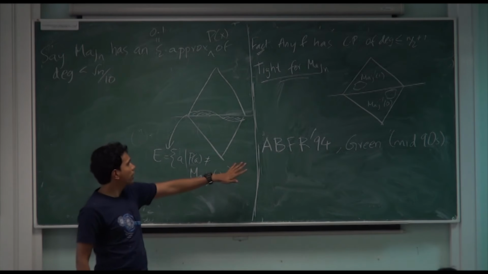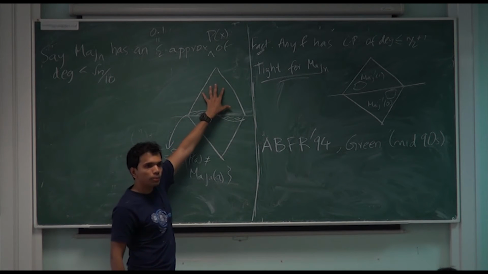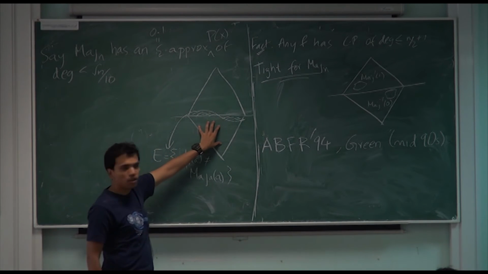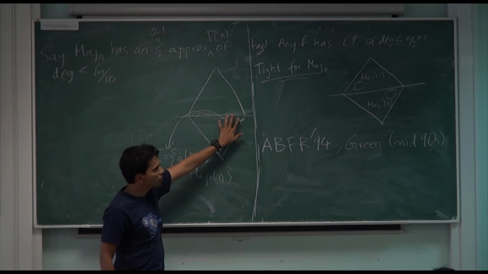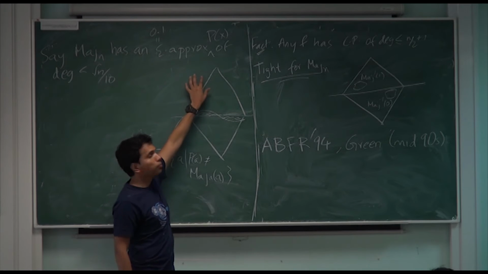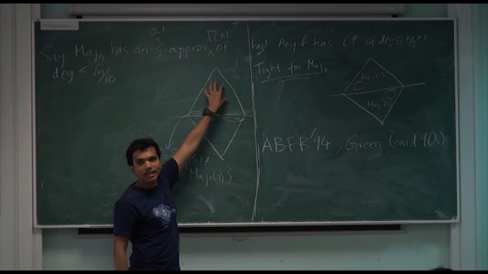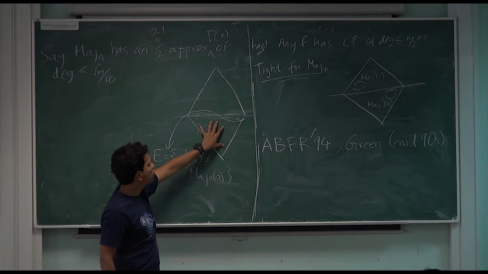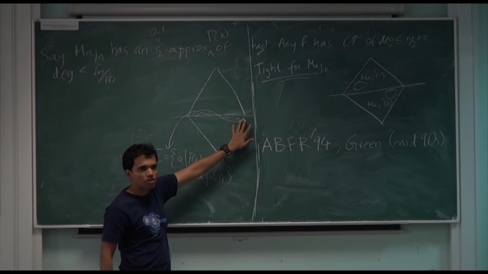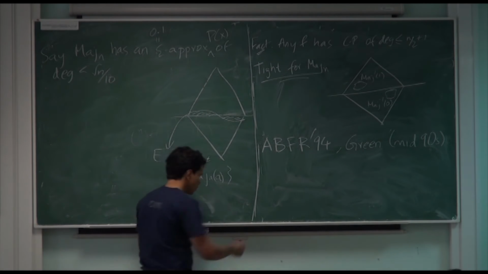When I zero it out on the error locations, the resulting polynomial is only going to be non-zero up here, because P is already 0 down here. I'm going to modify P to make it 0 here, and then the polynomial is going to be non-zero only here, and that's going to be a certifying polynomial for majority. Does that make sense? I'm already 0 down here. I force it to become 0 in the shaded region, then I'm fine.